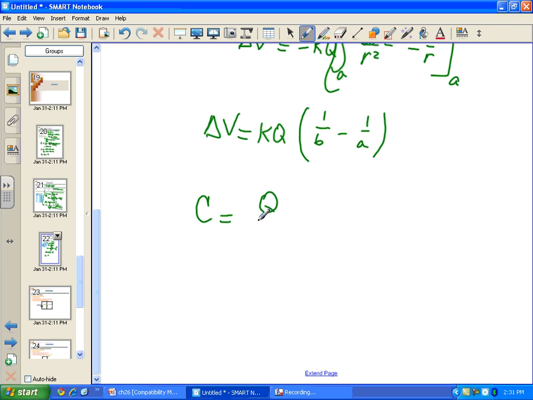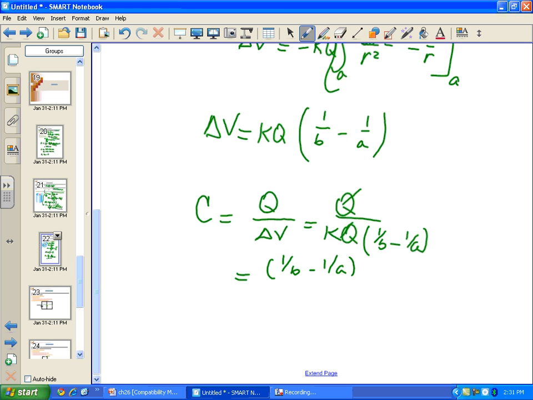And once again, C equals Q over delta V. So we write Q over KQ, 1 over B minus 1 over A. The Q's cancel. And so therefore C is 1 over B minus 1 over A divided by K, and only depends directly on the radii.